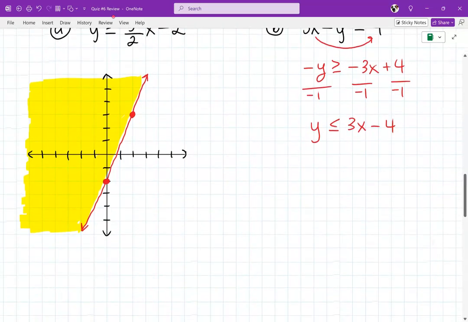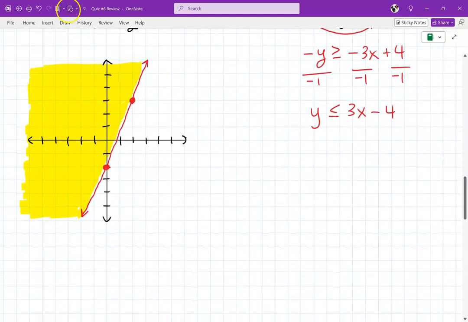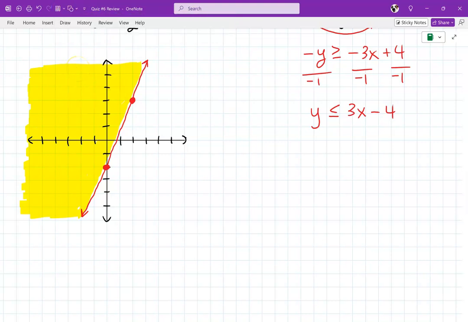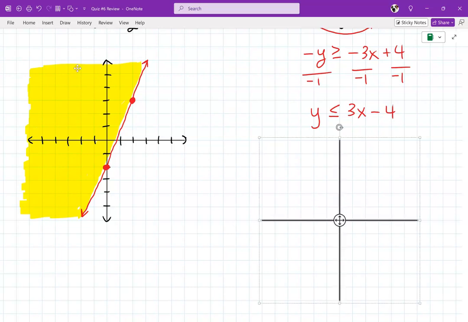So I'm going to make a coordinate plane for this one. I'm just drawing the tick marks out here. Your quiz will have them for you already, so you don't have to worry about it.